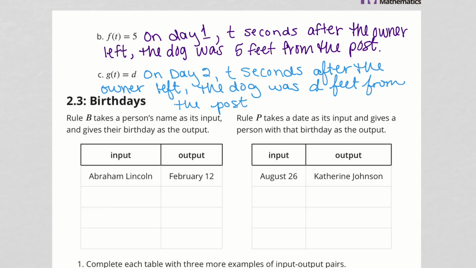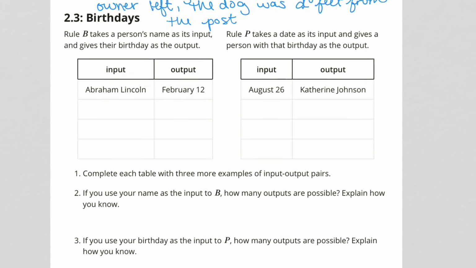All right, on 2.3, we have birthdays. Rule B takes a person's name as its input and gives their birthday as an output. And Rule P takes the date as an input and gives a person with that birthday as an output.